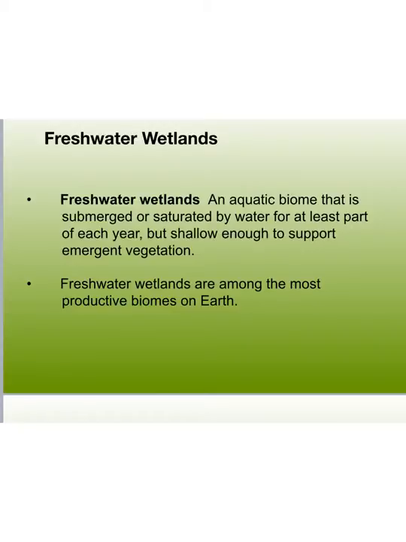Swamps are wetlands that contain emergent trees, where dominant trees actually grow through the water. Marshes contain primarily non-woody vegetation, like cattails, sedges. You see a lot of those really, really tall grasses. And unlike those, bogs are actually specifically very acidic.